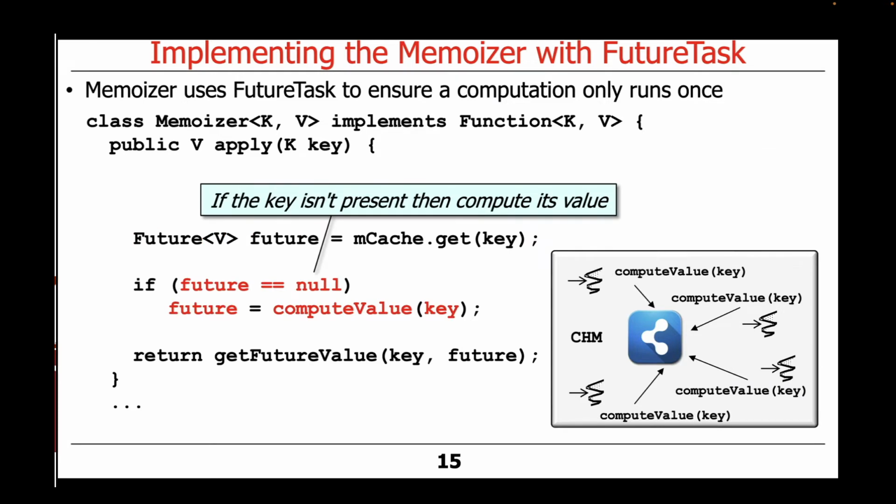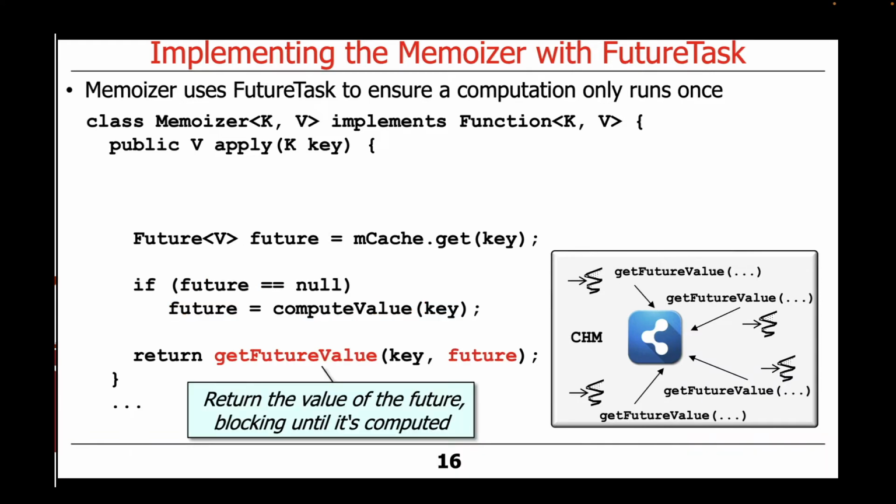Remember there could be multiple threads calling this apply method at the same time, or the computeValue method at the same time. If that's the case, then they're all going to start out by getting nulls. So when that happens, the computeValue method is called. All these threads could end up calling computeValue because they all could get null at the same time.